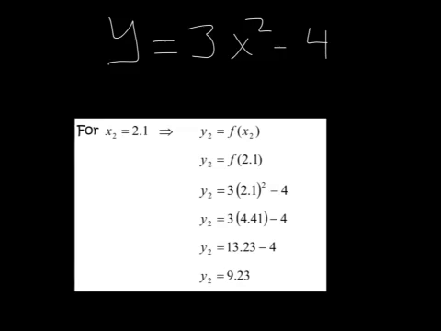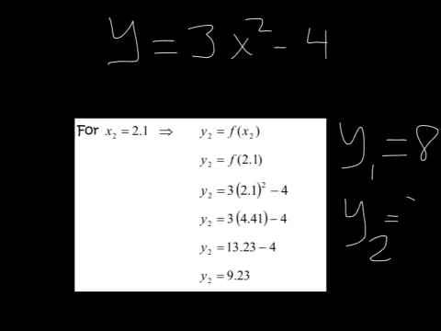Then we're going to substitute that value in the function, 2.1, and do the calculation. So 2.1 squared equals 4.41 times 3 minus 4, and doing all the math, we obtain 9.23. Now, the value for y1 equals 8, and the value for y2 equals 9.23.